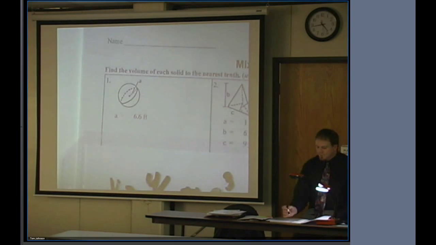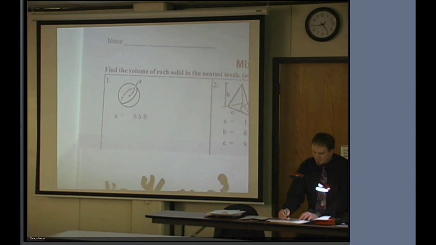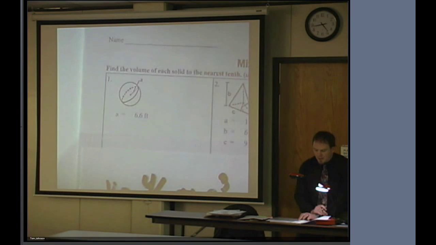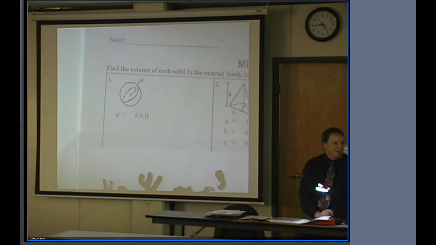Okay, so a equals 6.6 feet. So I know that r is equal to 6.6 feet. And I'm told that they want me to use 3.14 for pi, so I'm going to do what the instructions tell me to do.